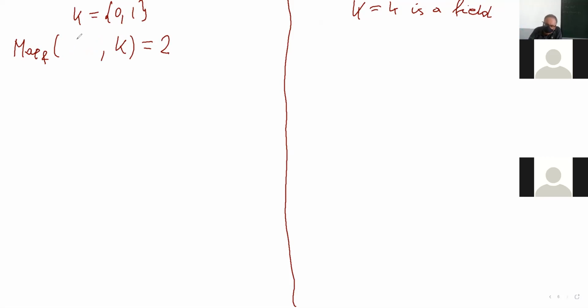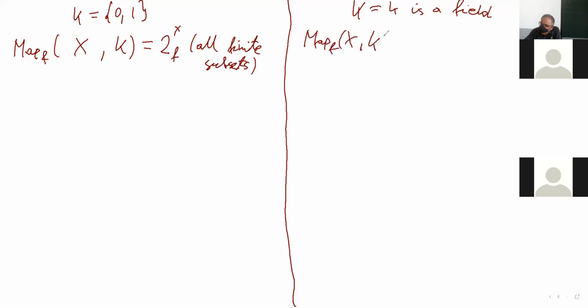Let me write X. So this is the set of all finite subsets. And here, it will be the vector space of all finitely supported maps.